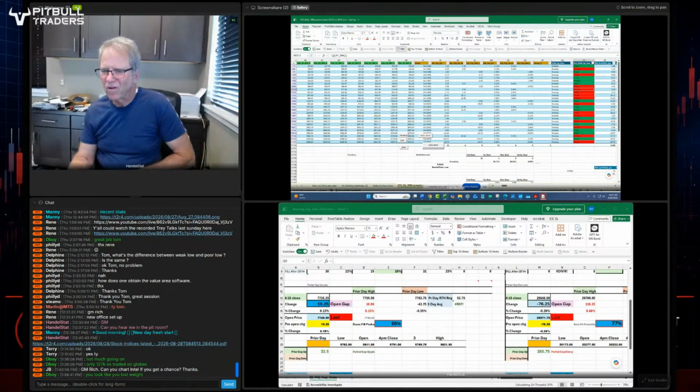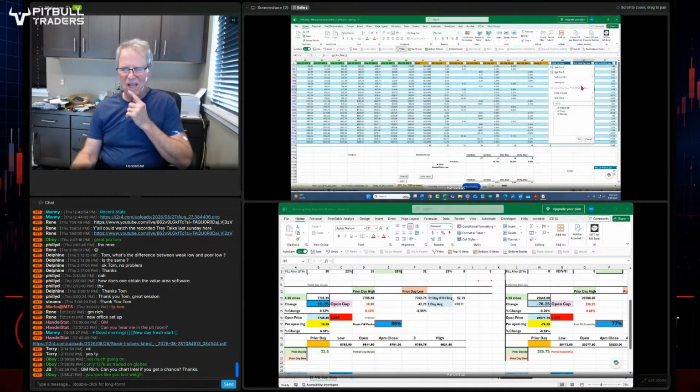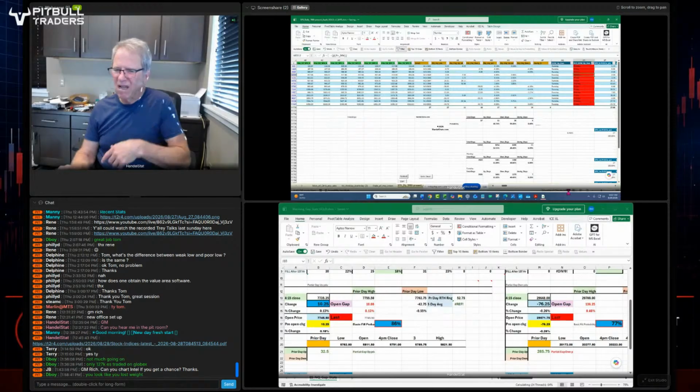So let's go here, come on. If the last day of the month is down instead of up, if it's up, definitely it's a higher probability that the first day of the month will be down. If the last day of the month is down, we'll see here, it's calculating out.